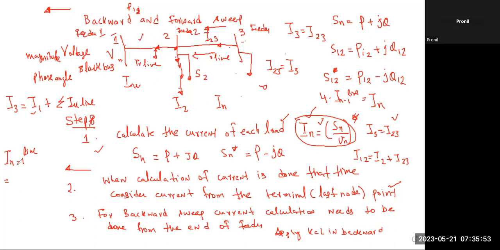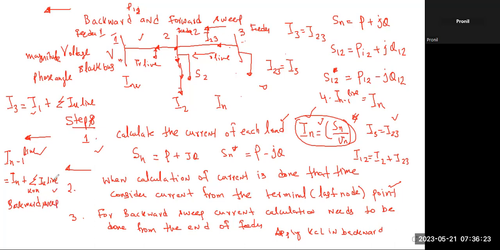If there were many nodes, usually not more than three buses will come in the examination. So this is the summation of ik line from k equal to n. Once this process of calculating the line currents in the reverse direction is done, it is called the backward sweep. In this step only it ends.